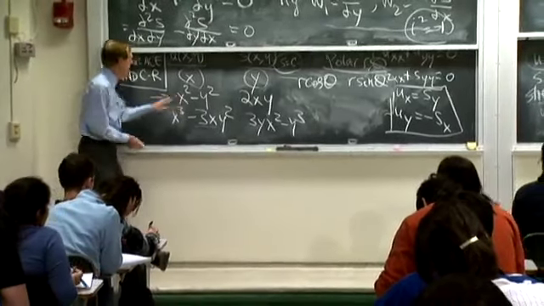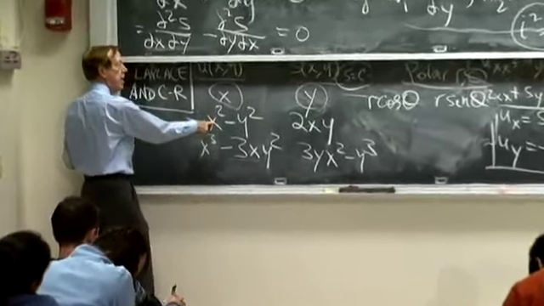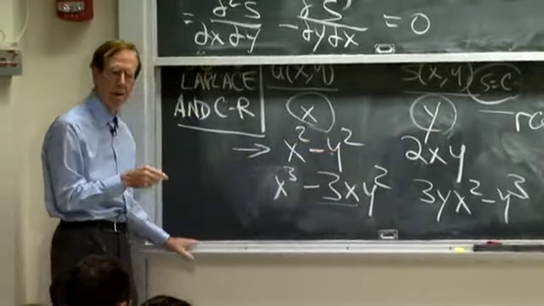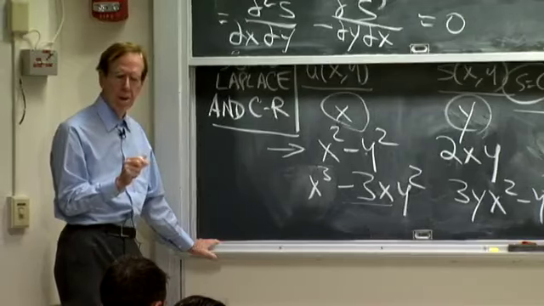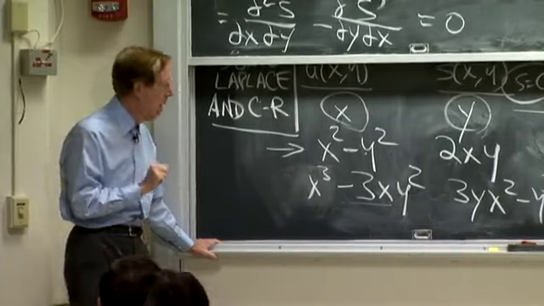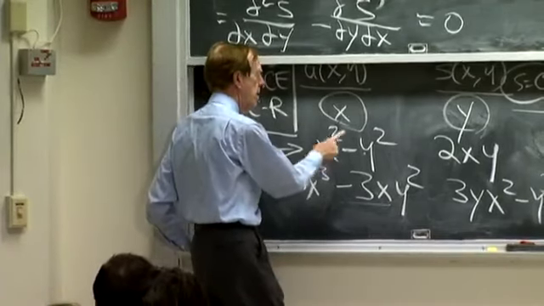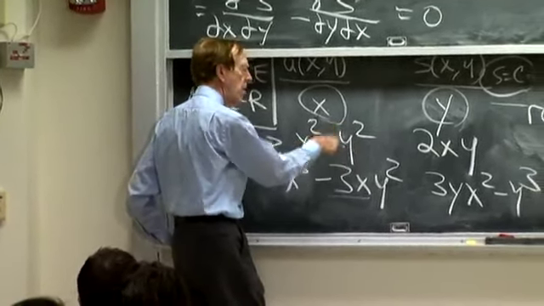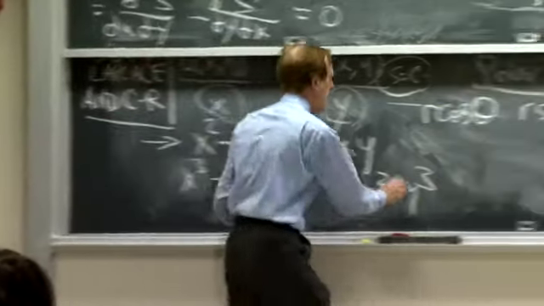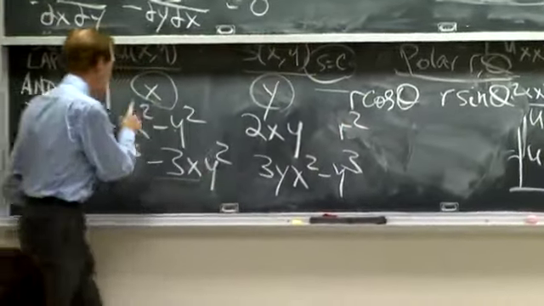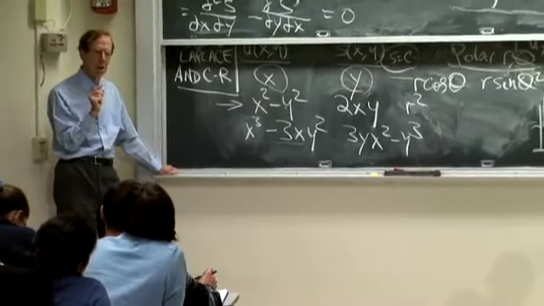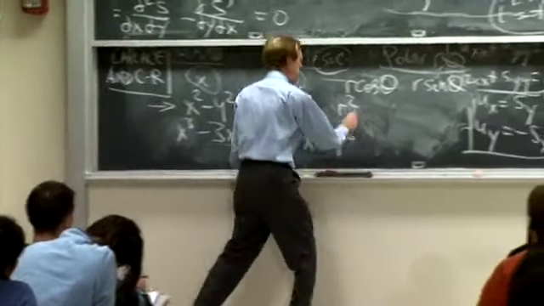So this is now r squared cos squared theta minus r squared sine squared theta. Trigonometry comes in. I want to simplify that. So it's got an r squared, and it's got a cos squared theta minus sine squared theta. Anybody remember that? Cosine of 2 theta.